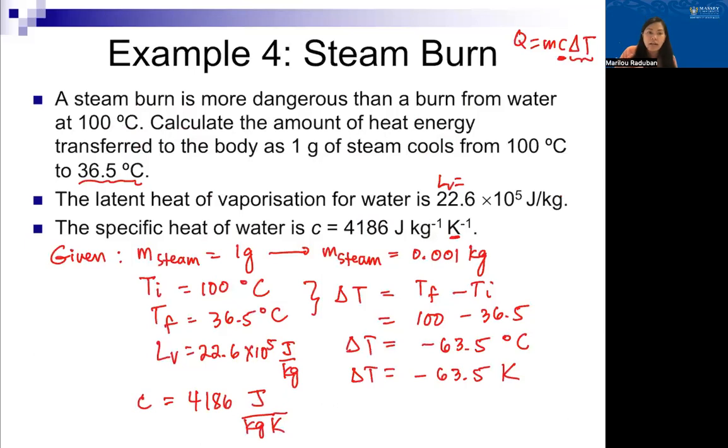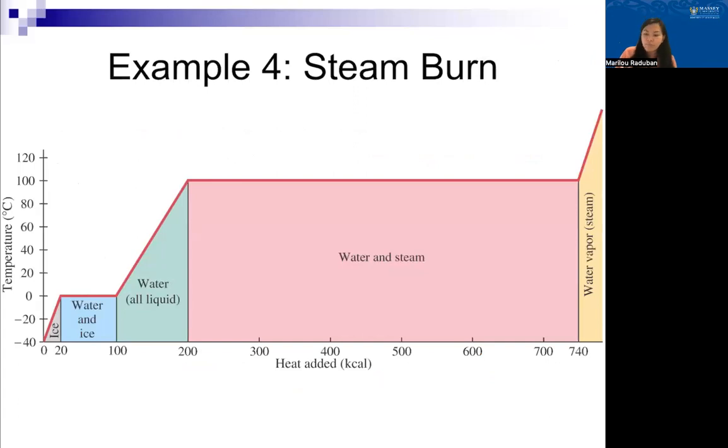But now let's analyze the problem. It says you have steam that cools from 100 degrees Celsius to 36.5 degrees Celsius. Looking at our illustration again, we start here, steam at 100 degrees Celsius, and the final temperature is 36.5, which is around here.